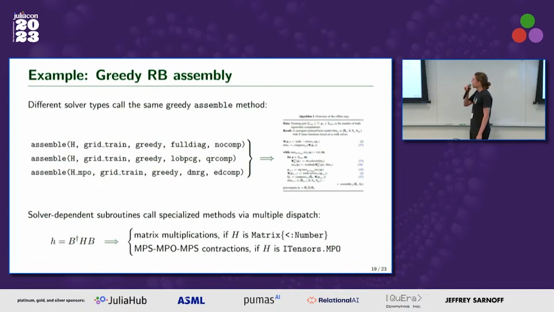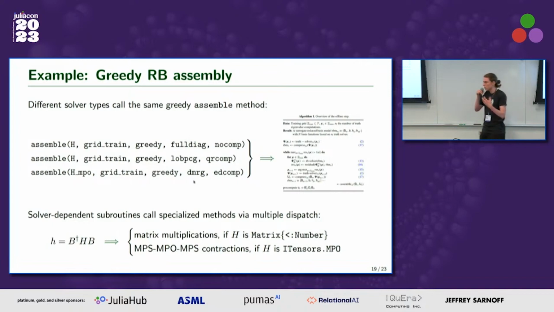At the center of this reduced basis stuff, we have an assemble method, and this assemble method takes different things, but the most important are a Hamiltonian on which we assemble a reduced basis, some type of grid, some information about the greedy assembly, a solving method, and some technical stuff which is not important here.